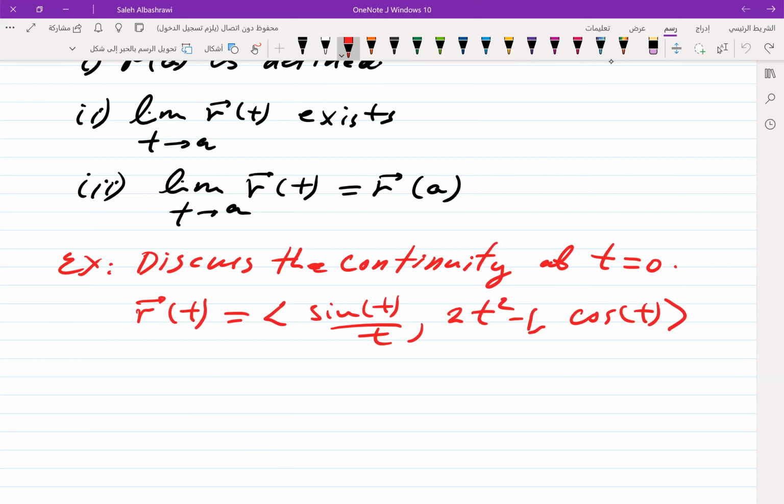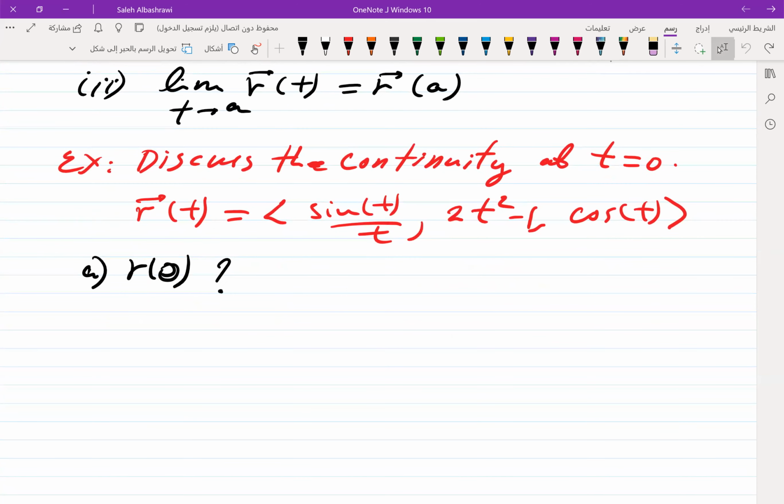It means that we need to check the three conditions. Are they satisfied or not? So let's see the first condition. Is r of 0 defined or not? It means that I need to check the components of the vector function one by one. So let's start with the first one. I need to check the value of the vector function at t equal to 0.